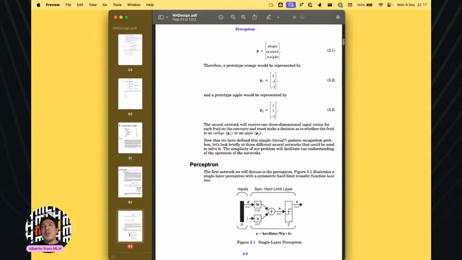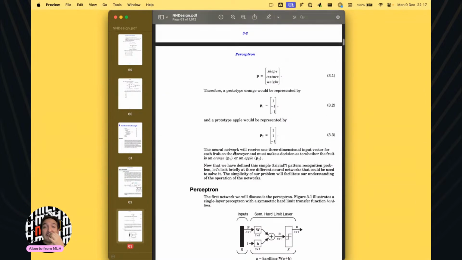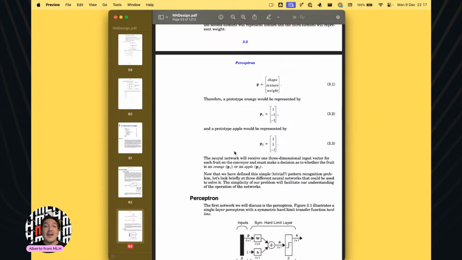In our example, let's recall we had a fruit classifier. We said that we had a sensor that can detect shape, texture, and weight. If the shape is rounded, it will give us a one. For example, a prototype orange and a prototype apple will be ones. If the texture is rough, it will give us a -1, else it will give us a 1.